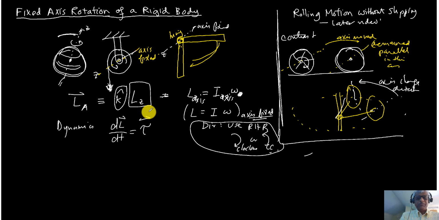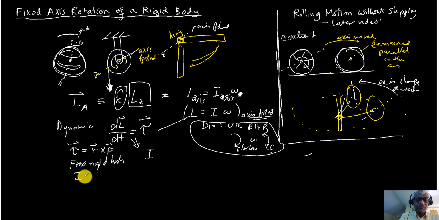And you may remember torque is just r cross F. So in the case of rigid body rotation about a fixed axis, this simply turns into I, for a rigid body, the distribution of the mass is not changing.